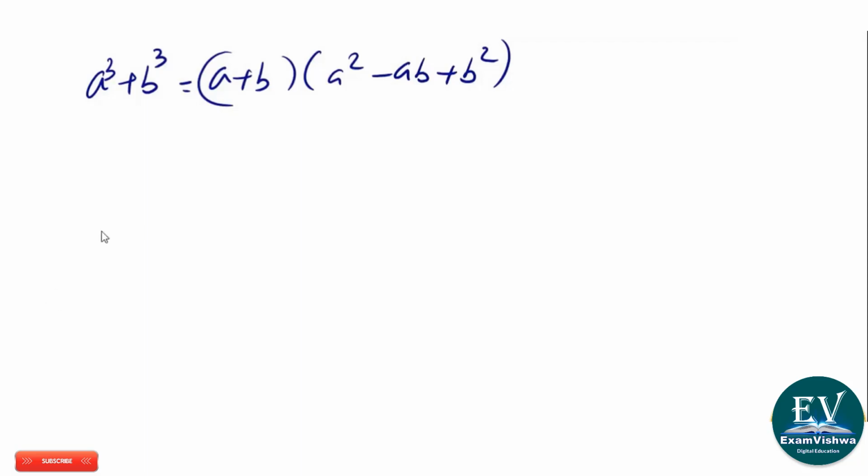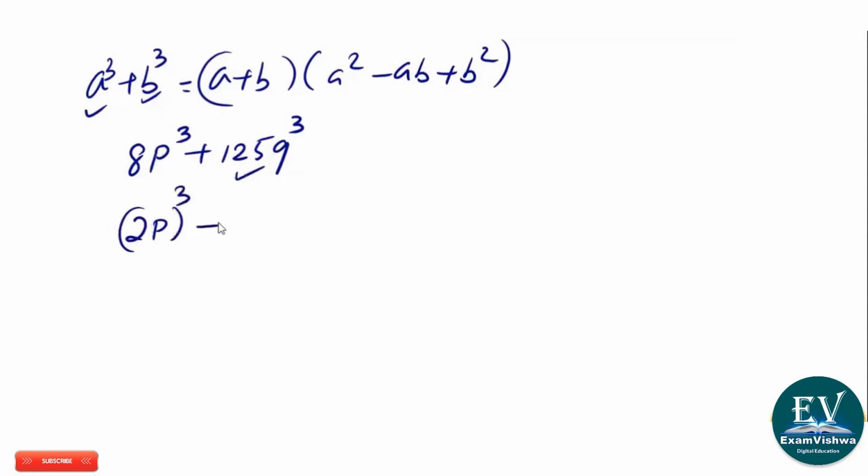For example, if the question is 8p cube plus 125q to the power of 3, we know that 8p cube can be written as (2p) whole cube, and 125q cube can be written as (5q) whole cube.